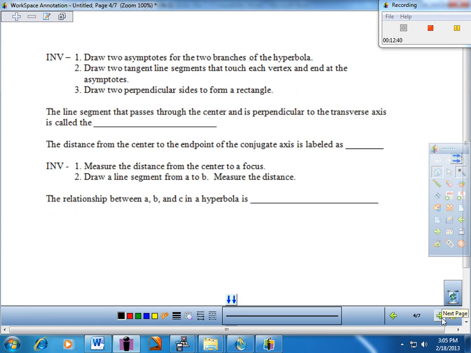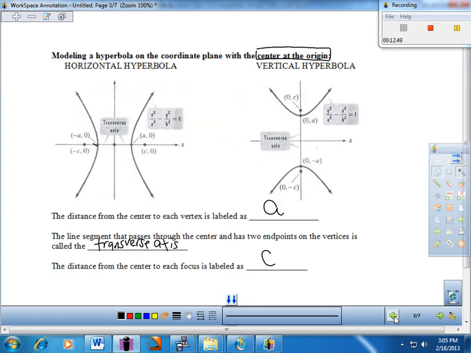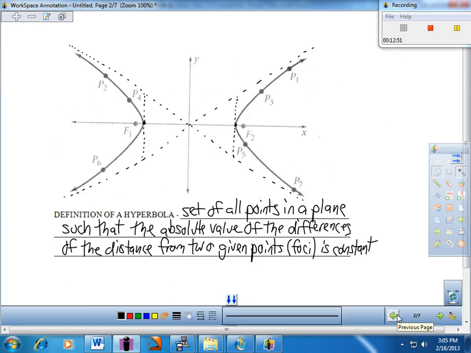Here we go, number 3. Draw two perpendicular sides to form a rectangle. So when you do some graphing for me, and you'll be doing lots of graphing with these hyperbolas, one of the things you're going to have to draw is this little rectangle right there. And actually, this worked out pretty well for me. It could have been better just at the bottom, but not too bad.